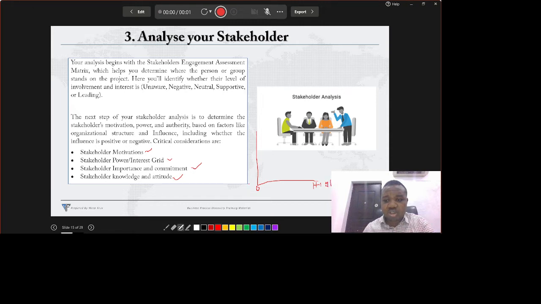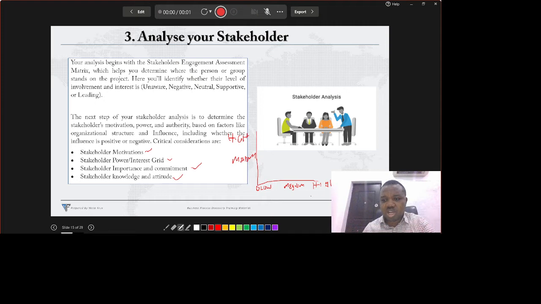So we can call here somewhere low. We can say here is medium, and same thing here too. So we can say here is medium, and definitely this is high. So we'll be charting this.